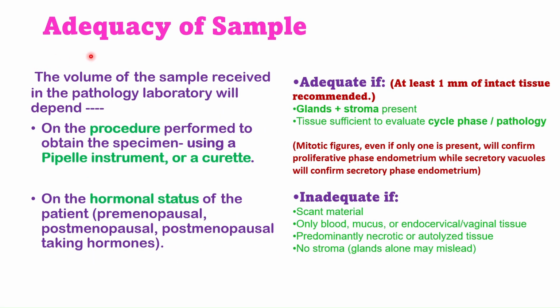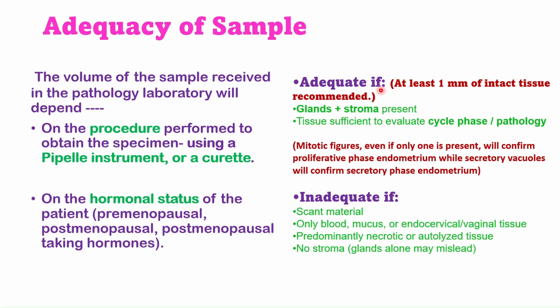Now, what are the adequacy criteria for a sample? The volume of the sample depends on the procedure performed to obtain the specimen, either Pipelle biopsy or curettage biopsy. It also depends on the hormonal status of the patient, whether premenopausal, postmenopausal, or postmenopausal taking hormones.